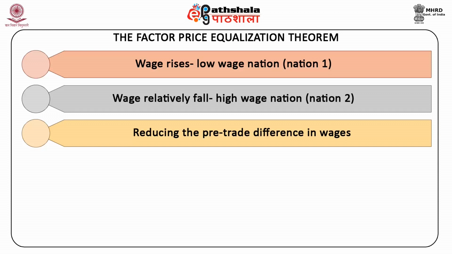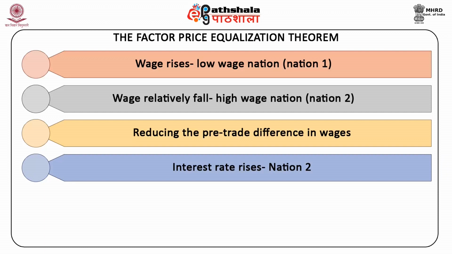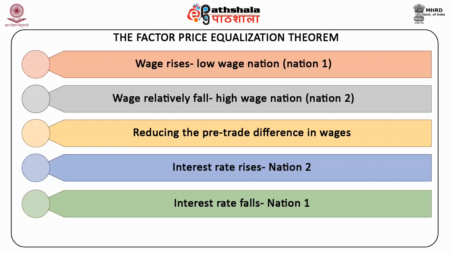Similarly, the return to capital, that is R, the interest rate, will rise in nation 2 and fall in nation 1, thus reducing the pre-trade difference in R between the two nations.